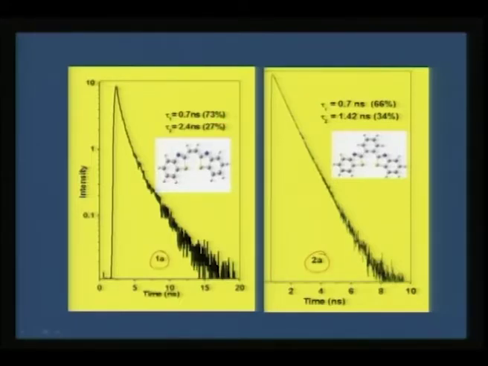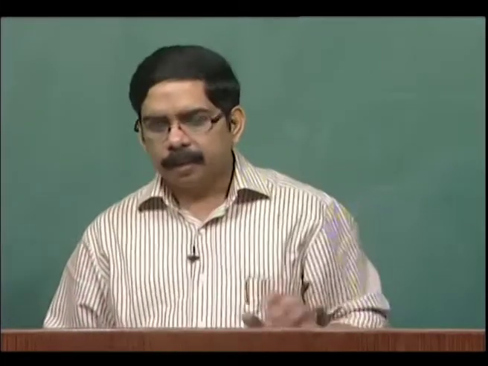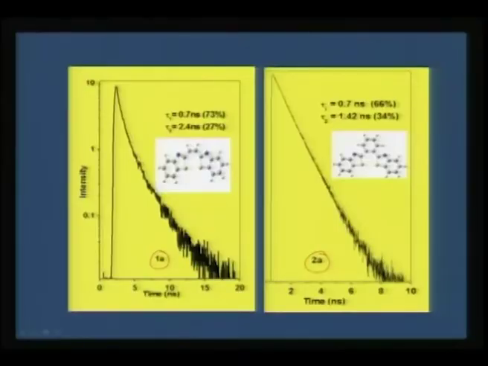We can get some more clues when you look at the 1A and the 2A compounds. What is different here is only the linker, that is the ethylene linker or the phenyl linker. You would see the time decay curves. If you fit them to a double exponential decay model, you would see both have the same component, that is 0.7 nanosecond time decay, which mainly comes from the thiazole molecules, which we can conclude because both have a common tau 1 value, and the tau 2 seems to be coming from the linker.